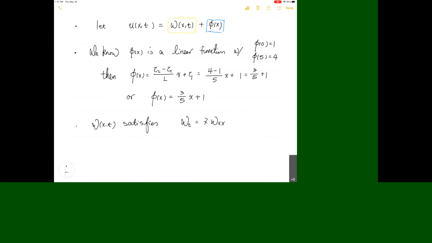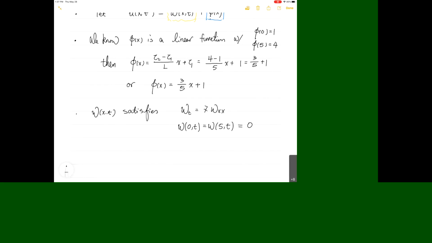So the w satisfies the same PDE that u satisfies because of the phi. We choose the phi as a linear function, right? And then the w is boundary value free. So at the two boundaries, the w equals 0, again due to the nice pick of phi of x.